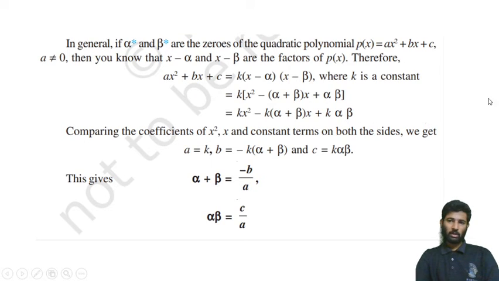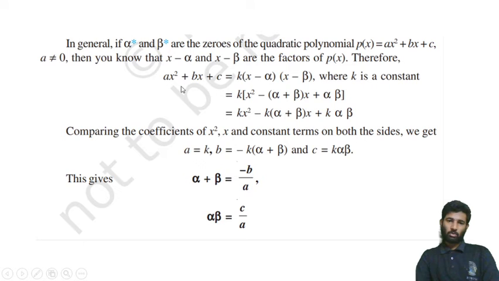Now this is the general format for the relationship between zeros and coefficients. If alpha and beta are the zeros of the quadratic polynomial ax square plus bx plus c, and a is not equal to 0, then x minus alpha and x minus beta are the factors of p of x.